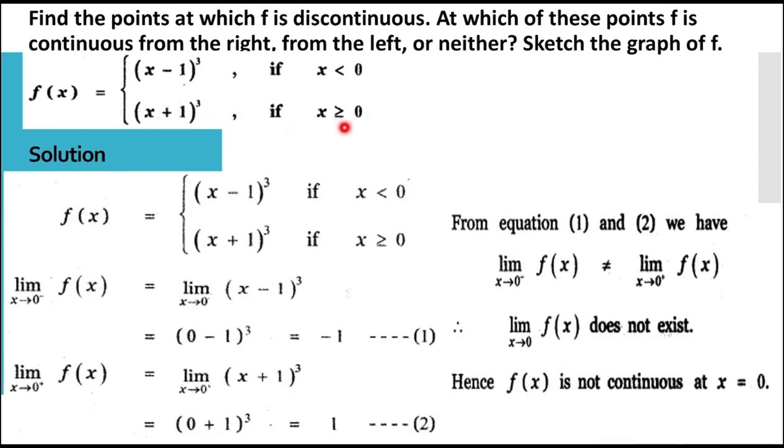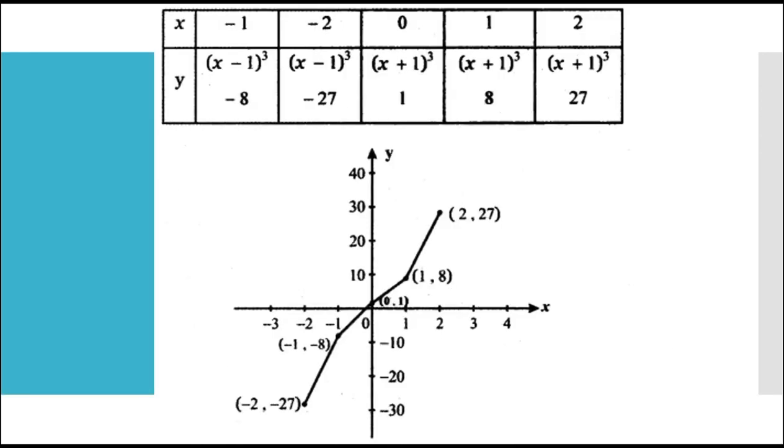For x less than 0, we can take the function x minus 1 the whole cube. For x greater than 0, we can take the function x plus 1 the whole cube. So, we can choose a few random values for x and we have to find the value of f of x, that is y.